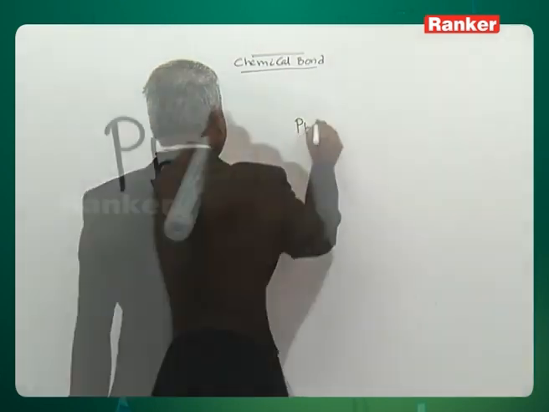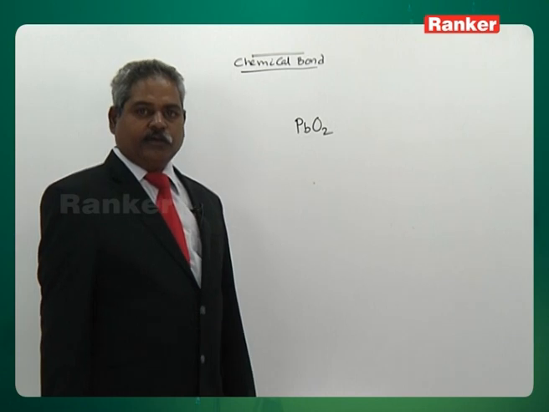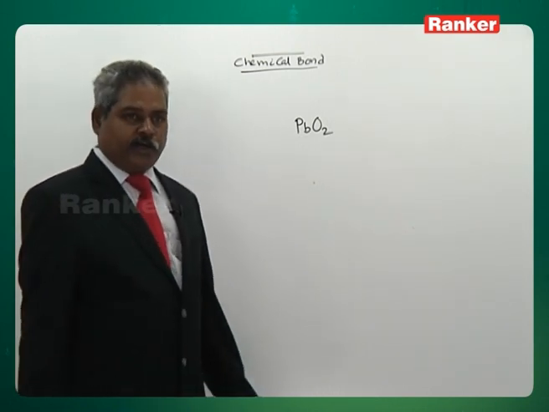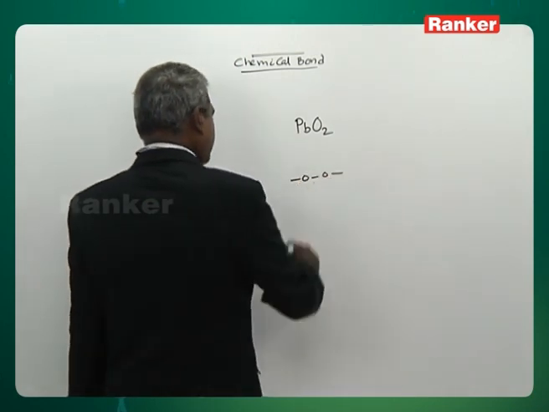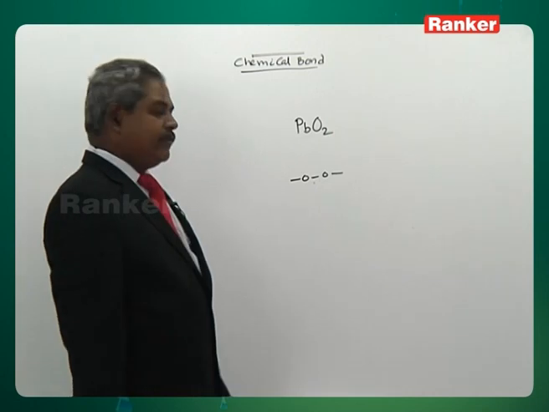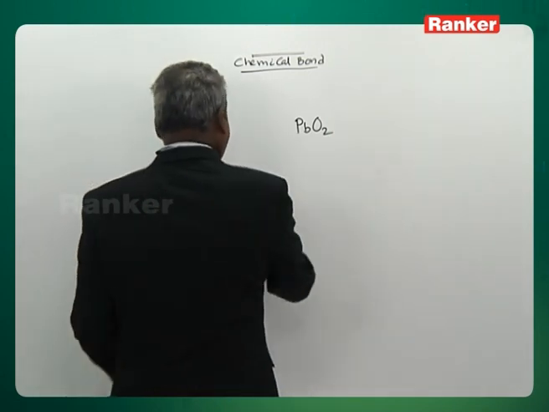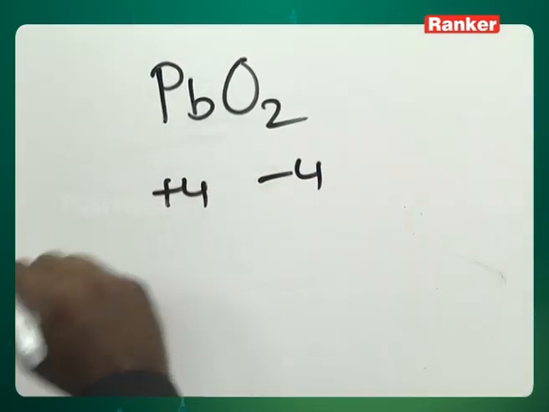PbO2. It was also called lead peroxide. In the old days it was called lead peroxide, but strictly speaking, it is not a peroxide. Because if it is a peroxide, it contains oxygen-oxygen single bond. There will be one bond between oxygen and oxygen. Okay. PbO2. Give minus 2 to oxygen, minus 4. Lead, plus 4.